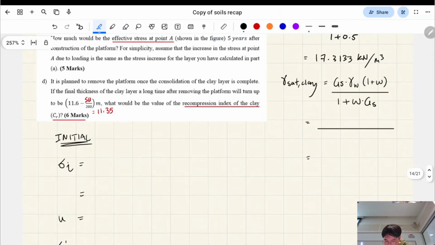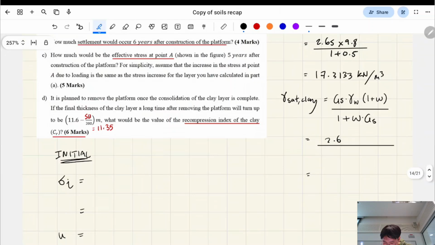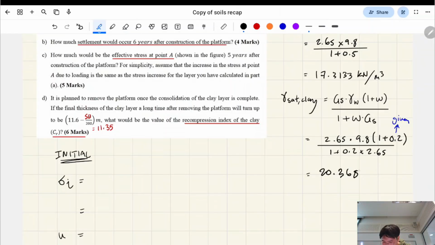Similar thing here, except we're doing the saturated formula. 0.2 is given in the question. This is the moisture content of the clay. Right? The clay's heavier, right? Which checks out.